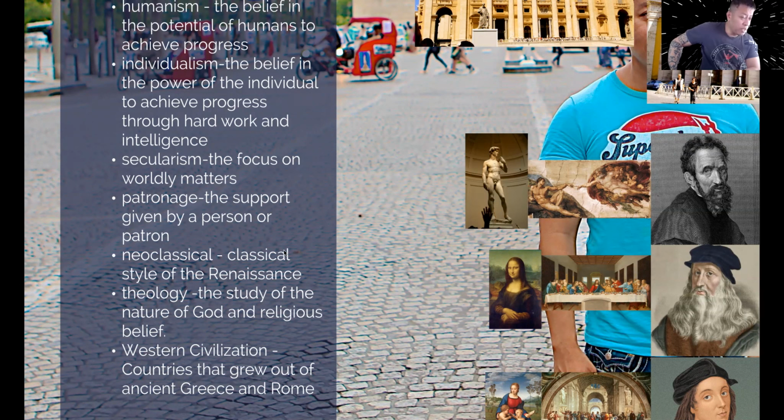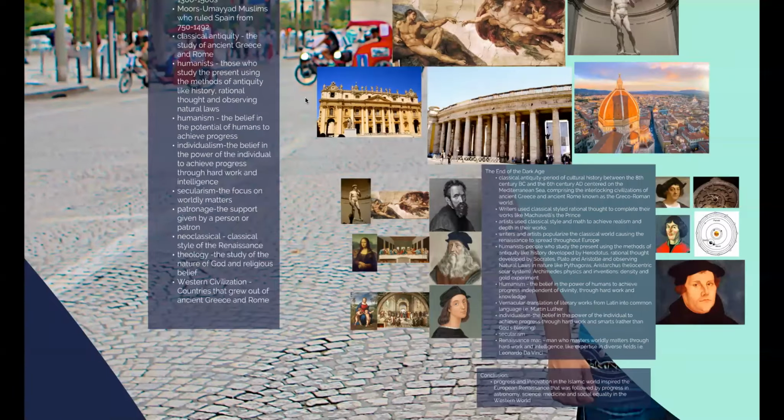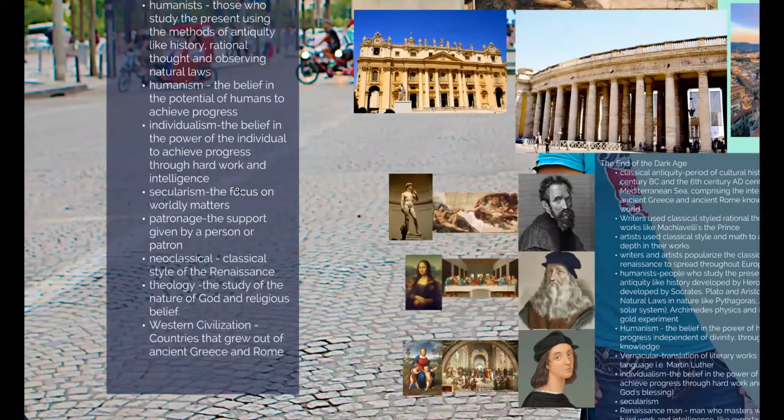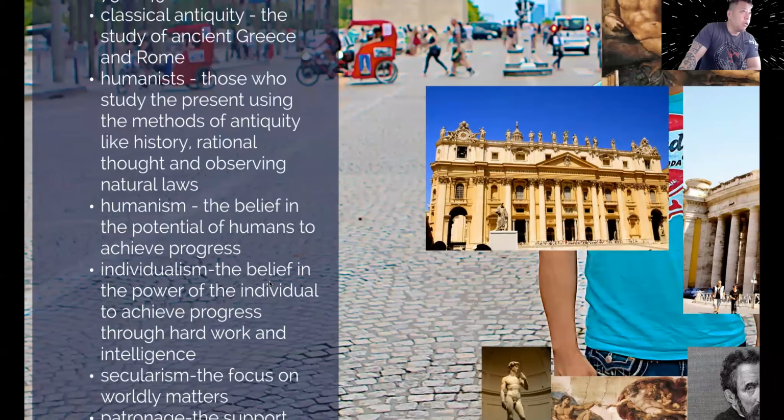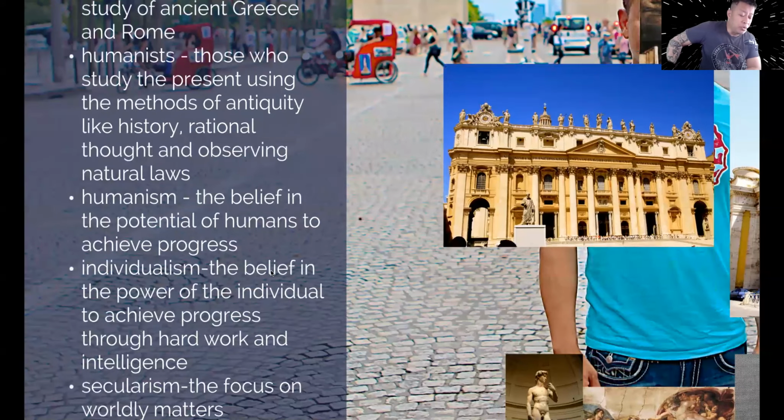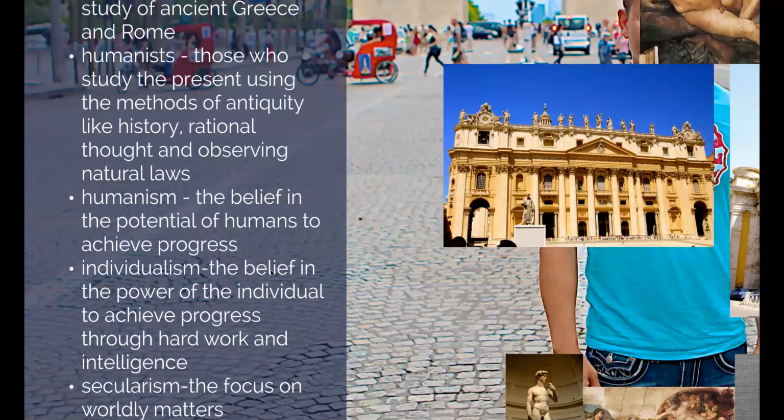Do you have any questions about these vocabulary words, students? What about humanist? Humanists are people who use the techniques of ancient Greece and Rome in order to study their contemporary world.